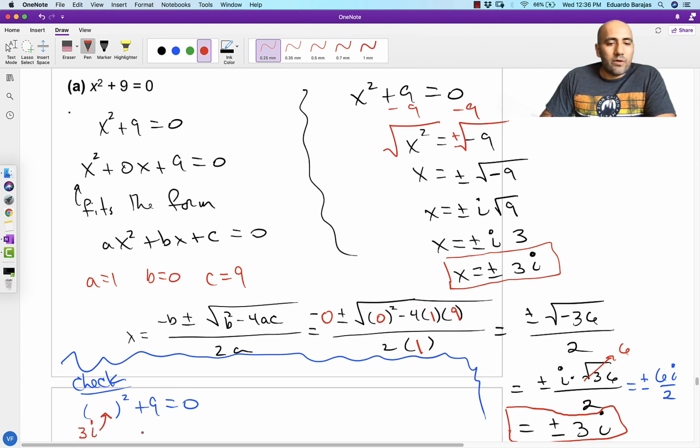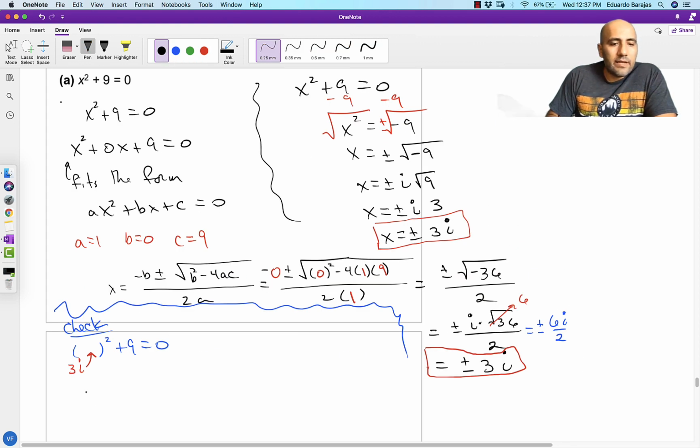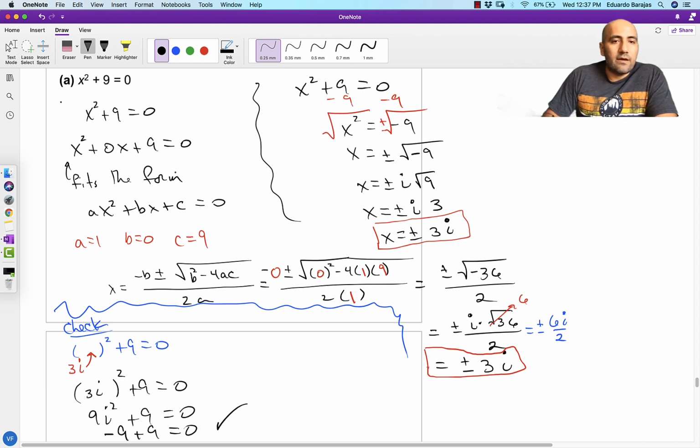So what are we going to end up getting? (3i) squared plus 9 equals 0, which gives me a 9 times i squared plus 9 equals 0. i squared is negative 1, so we get negative 9 plus 9 equals 0. That works out, right? And that's because i squared equals negative 1.